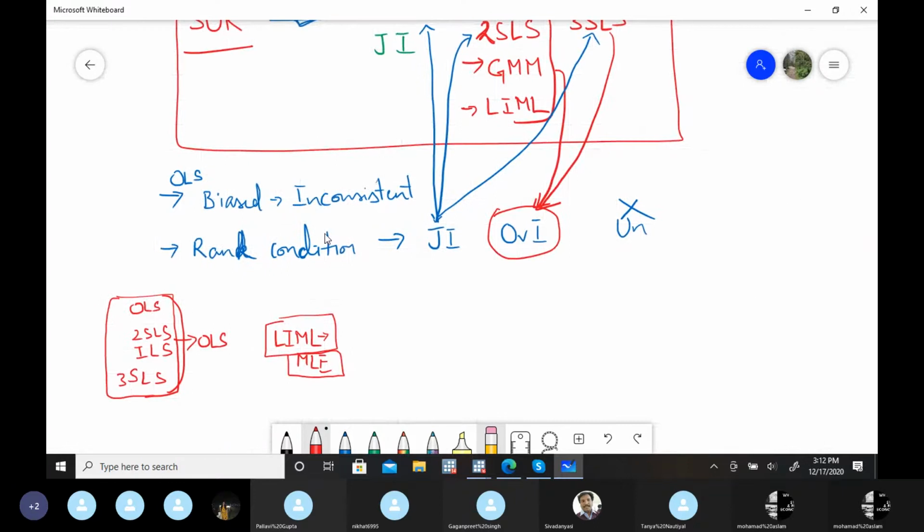Nowadays, most statistical packages like R, EViews, and Stata are able to run all these models.